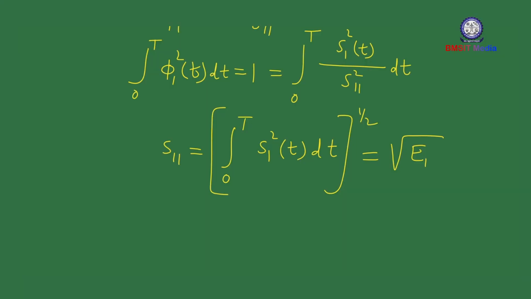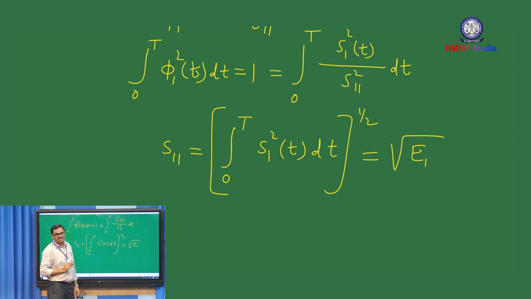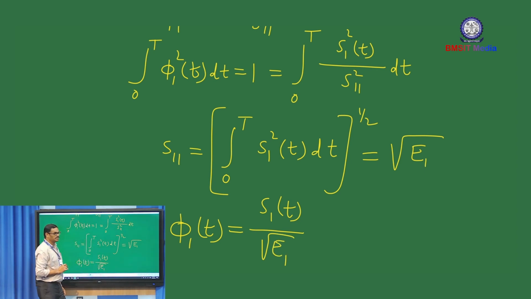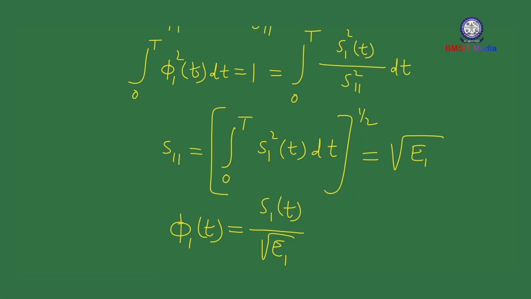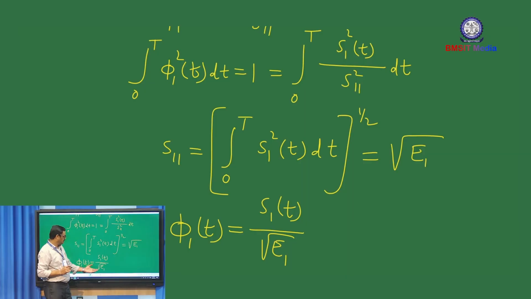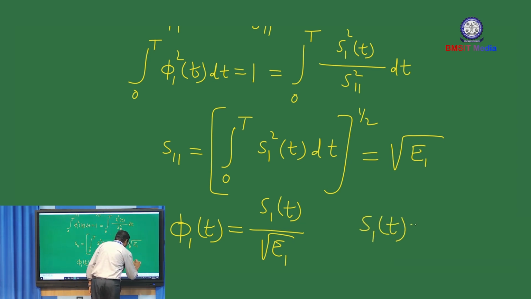Now I know what is s11 and I can find out the first orthonormal basis function, that is phi 1 of t. So phi 1 of t is equal to s1 of t divided by root of E1, which is the expression for phi 1 of t. Then I can express the signal s1 of t in terms of the orthonormal basis function as s1 of t is equal to root of E1 into phi 1 of t.